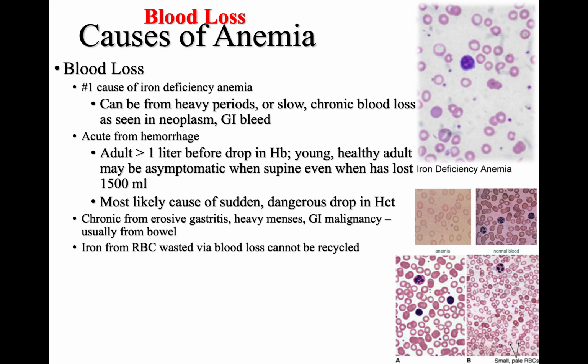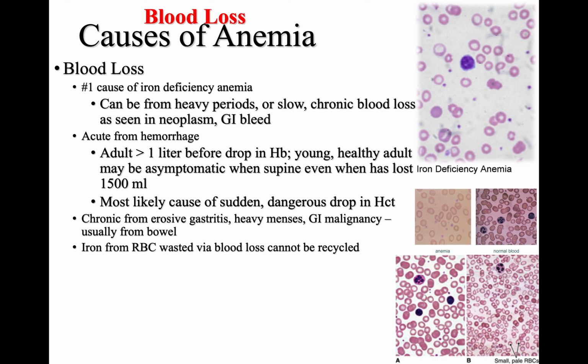A young healthy adult may be asymptomatic when lying flat, even when they've lost 1,500 cc's of blood. So there you go. That's that marvelous, wonderful capacity we have of compensation.